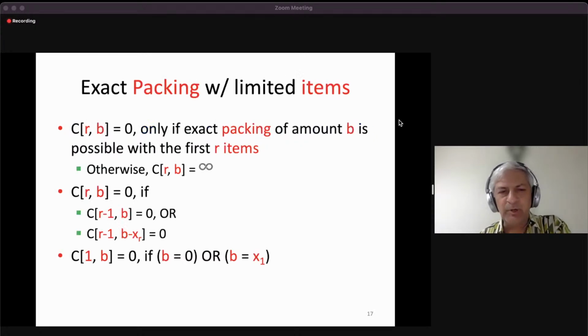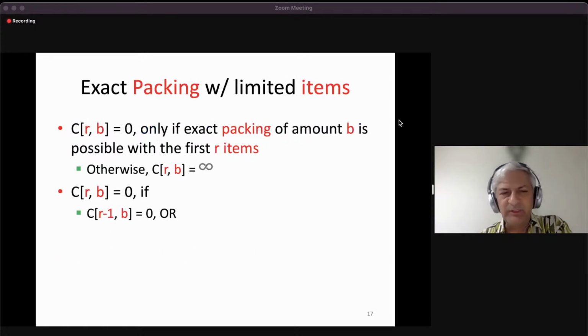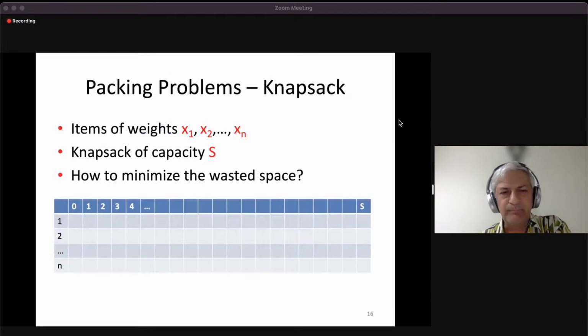Well, before we talk about this, remember this problem we talked about the best possible packing by minimizing the wasted space. How can we figure out how much space is going to be wasted over here? Does anyone have any suggestions on how we could address this problem?